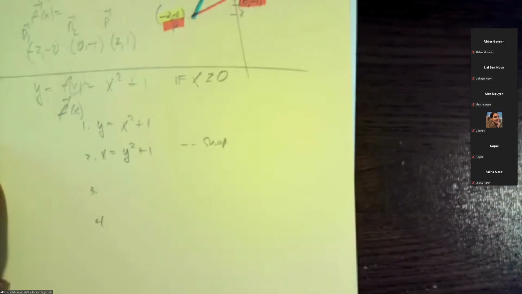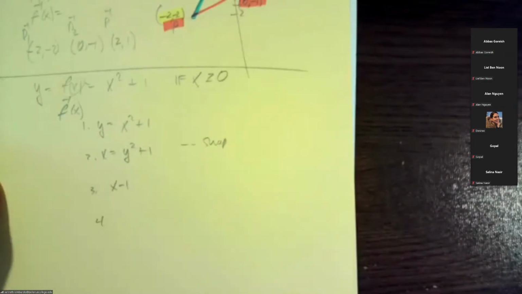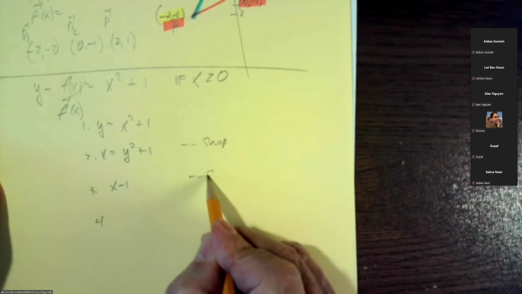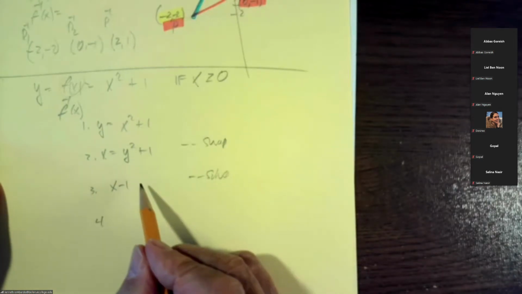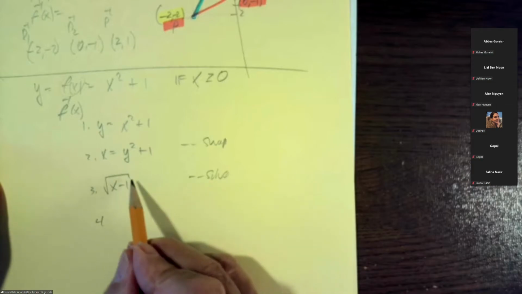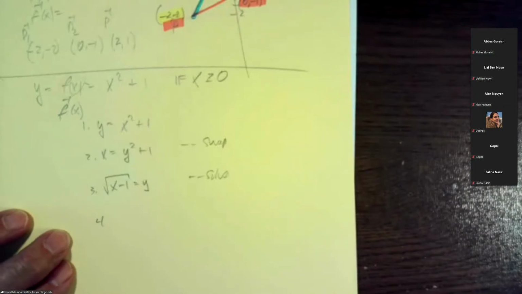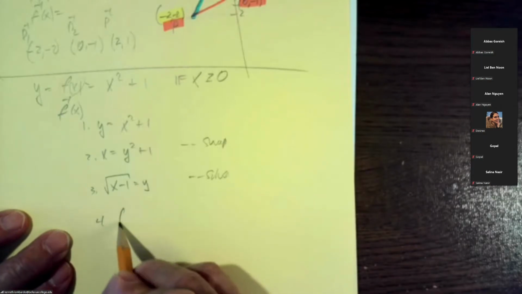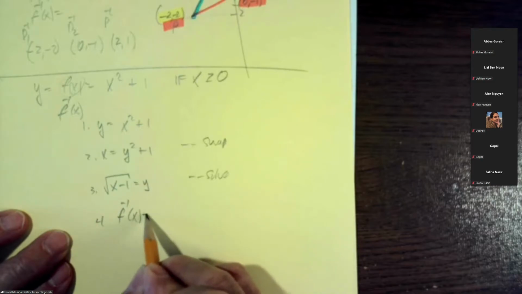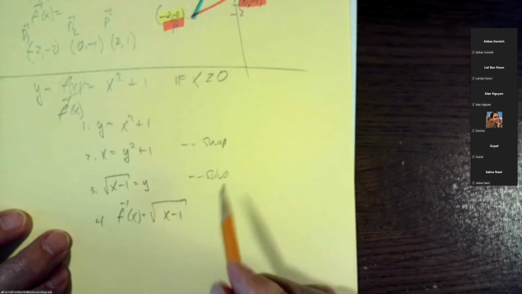You solve by first subtracting 1 on both sides, x minus 1, and then doing the square root. Yeah, that equals y. And the last step would be saying that the inverse of f of x equals the square root of x minus 1.